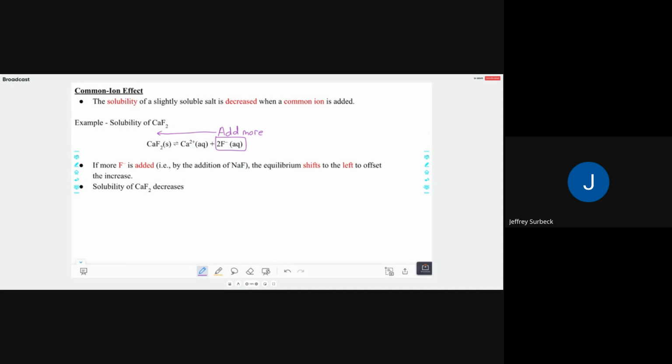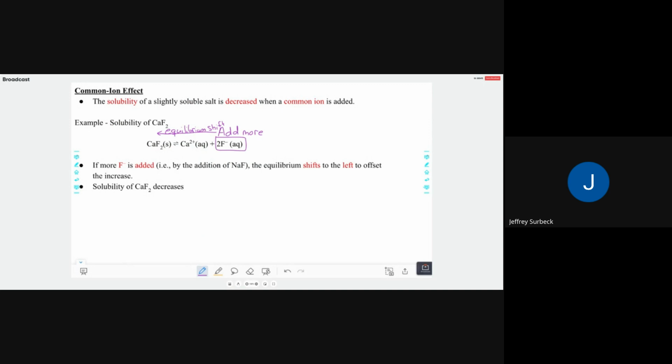So your solubility is actually going to decrease. The last thing I want to put here is that our equilibrium shift follows this specific arrow. Equilibrium and Le Chatelier's principle give us a really simple picture.